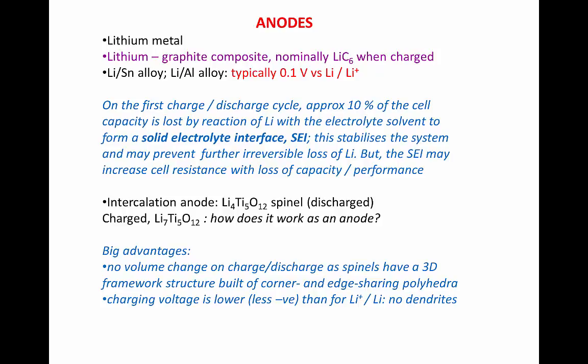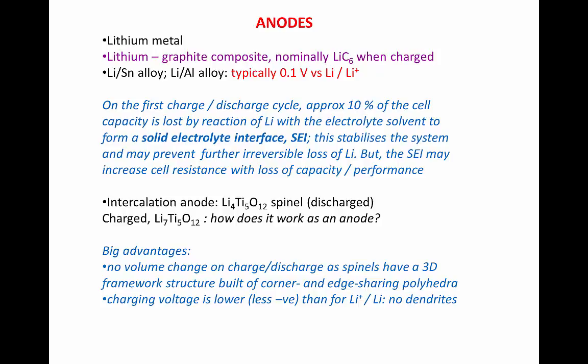We can also use lithium aluminium alloys, and these are good from the point of view that their voltage is very close to that of pure lithium, and so these give high voltage anode materials in high capacity batteries.